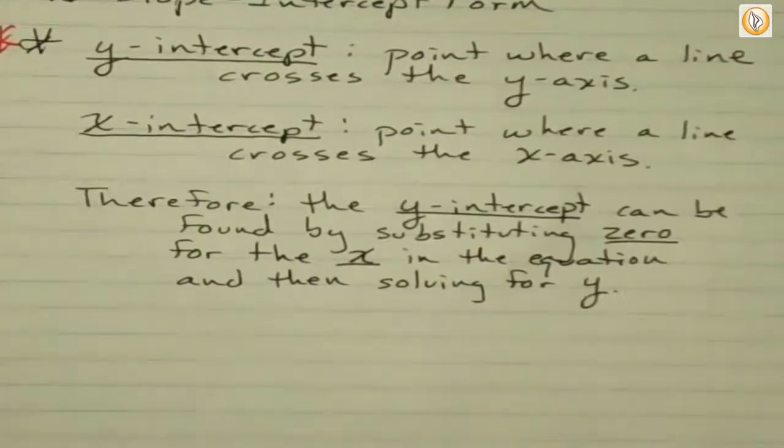So the y-intercept can be found by substituting 0 for the x to find the y.